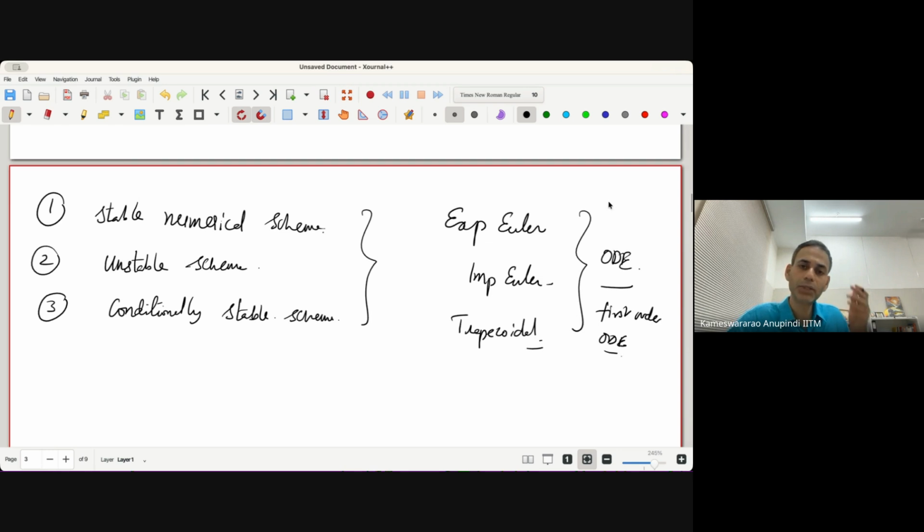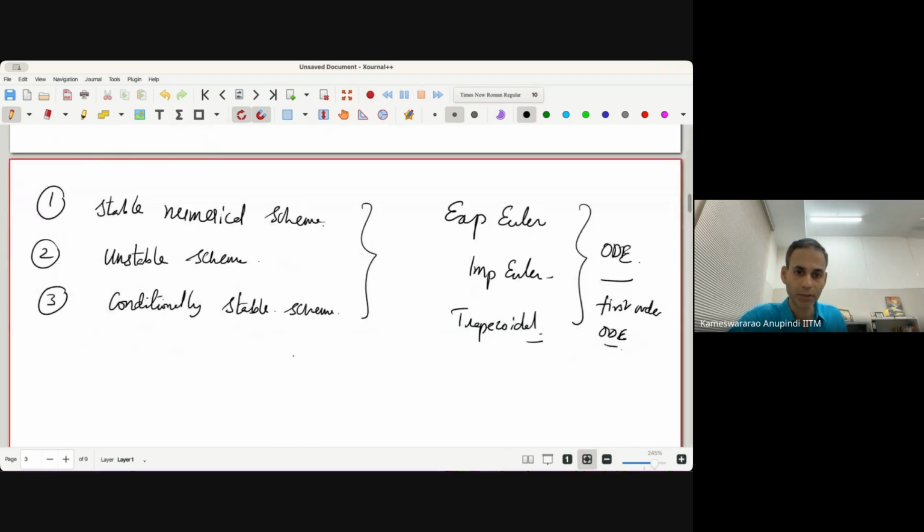As we said, in the context of finite difference equations, we can only apply it to simple linear equations. You cannot apply stability analysis to complicated multidimensional nonlinear equations. However, the insights gained from simple linear equations are useful in guiding us in choosing the delta t for more complex, nonlinear equations. So the idea remains the same in the context of ODEs.